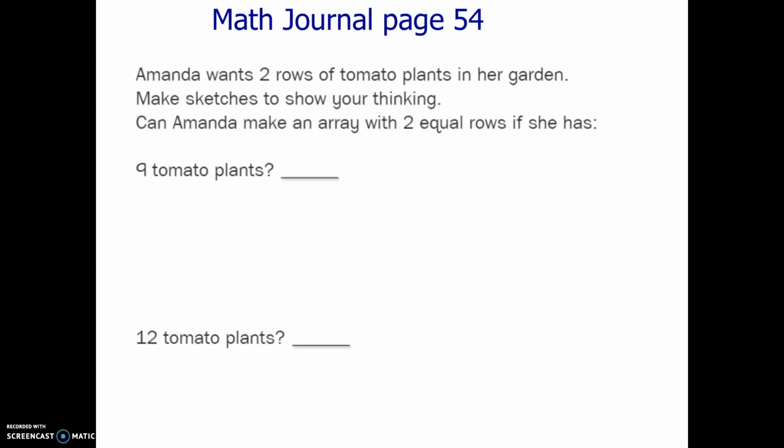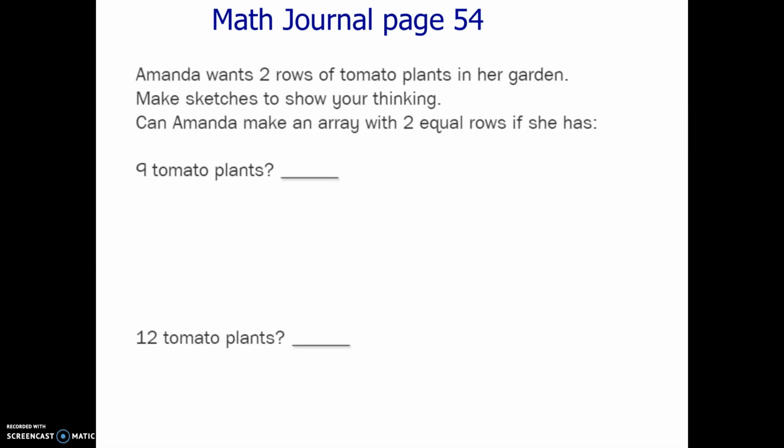For the math message today, you need your math journal. So go get your math journal, put this on pause, and when you come back, turn it to page 54. Your math journal looks a little bit different than what I have here. However, the problems are exactly the same. Here's your task.